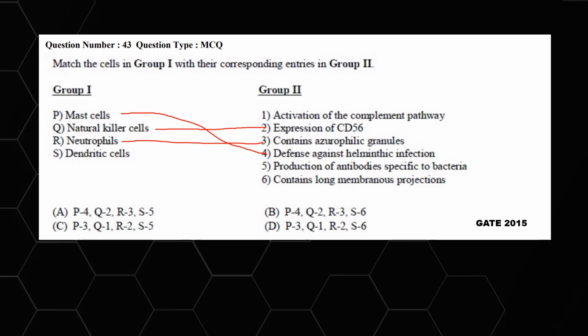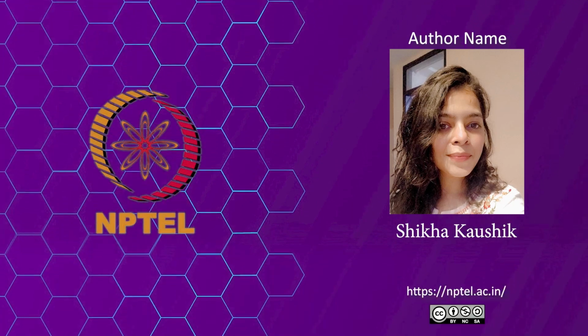So they are cells that are part of the innate immune system. So the answer here is B, that is, all the options are matching here. Okay, so here's the answer for this question.